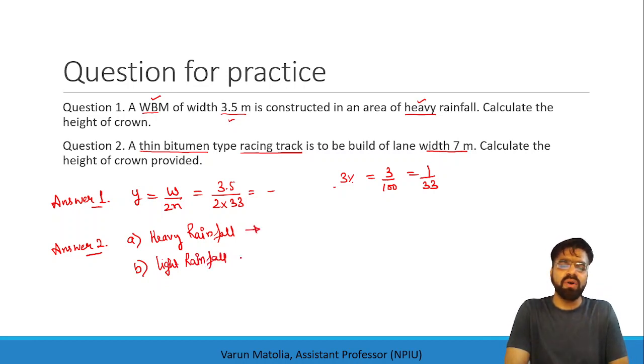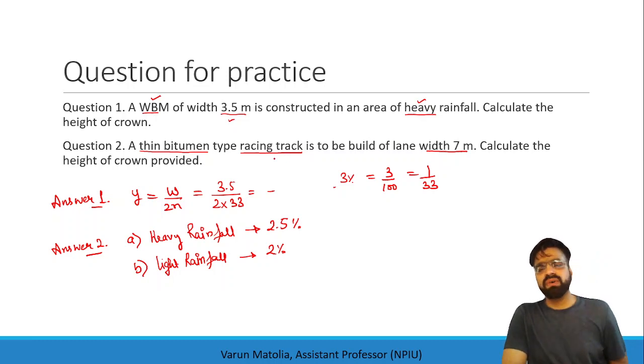So for heavy rainfall, you can have camber of 2.5%, and for light rainfall you can have camber of 2%. Now you can easily calculate the height of crown provided. Okay, for racing track it will be a parabolic camber. So now it is very easy for you to just put the formula and find out the answer.